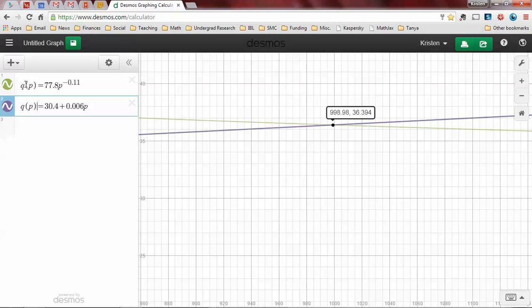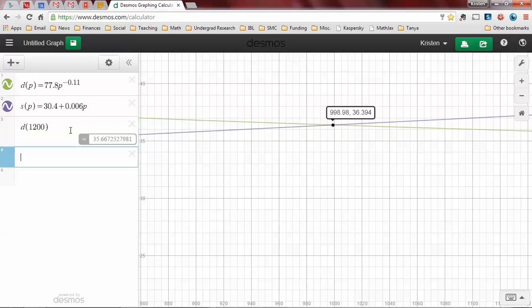So I'm going to specify that this is the demand function and that is the supply function. The reason for that you'll see in a second. I want to figure out exactly what the demand is when P is 1,200 and exactly what the supply is when P is 1,200. So the demand at 1,200, and Desmos calculates it for us, is 35.667, and the supply at $1,200 is 37.6.